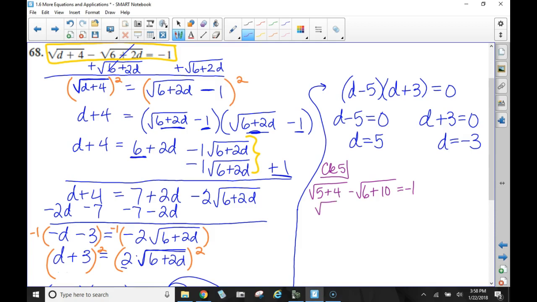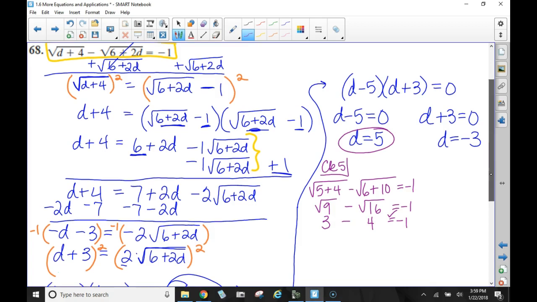So square root of 9 minus square root of 16 equals negative 1. Is 3 minus 4 equal to negative 1? Sure is. That thing checks. d equals 5 is in my solution set.